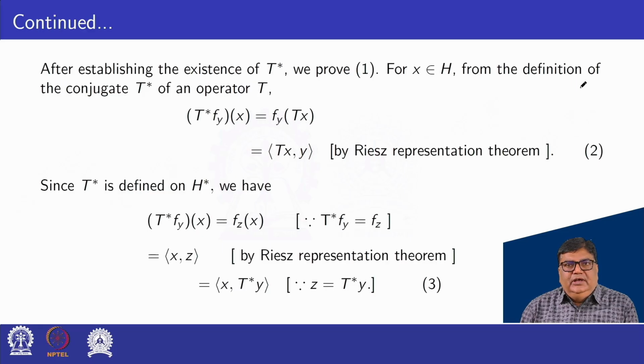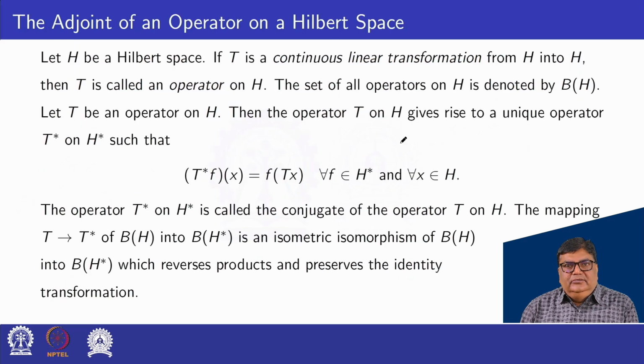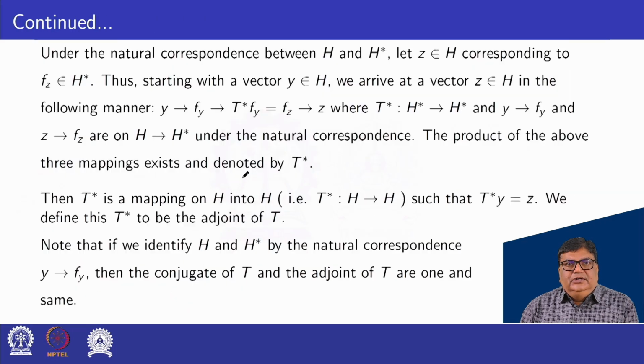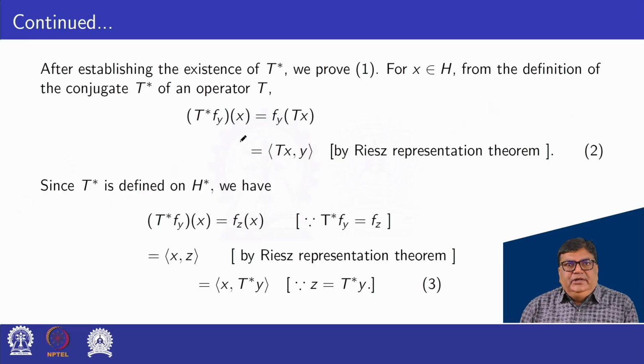So we have (T star fy)(x) equals fy(Tx), and by the Riesz representation theorem we can write this as the inner product of Tx and y.